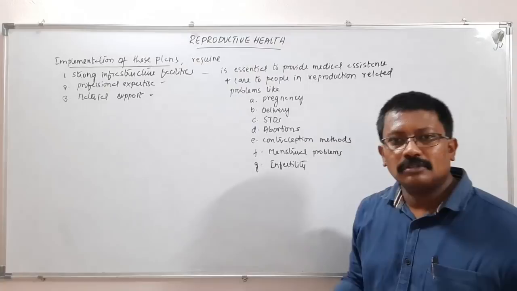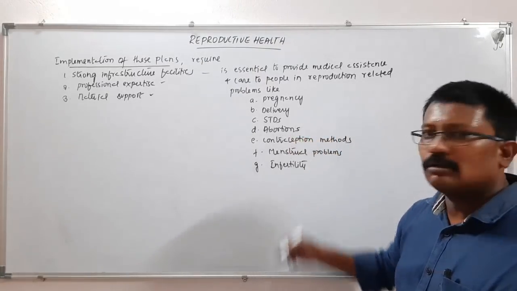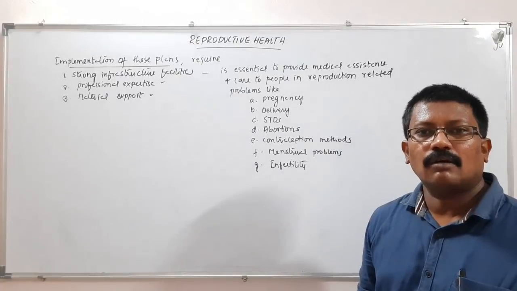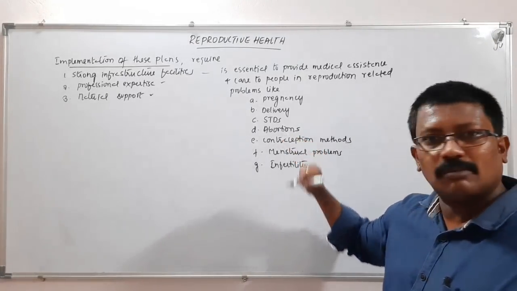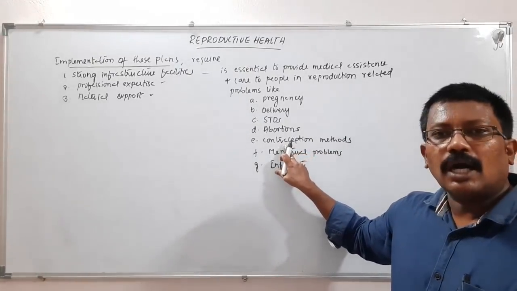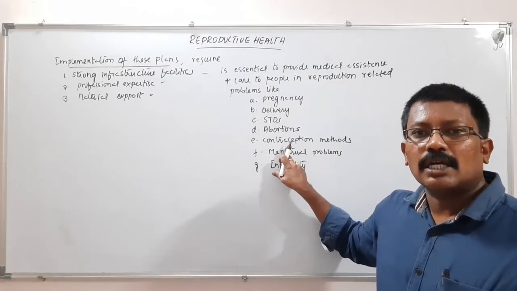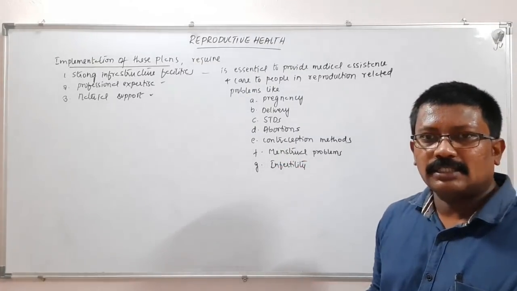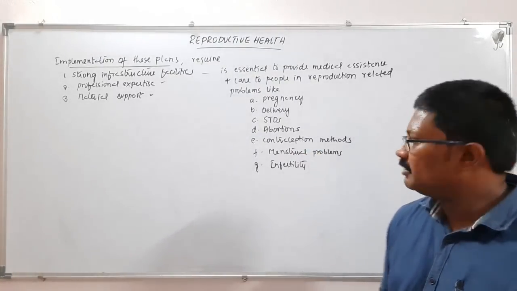In the coming sessions we will talk even about these abortions, how naturally they can take place or artificially. Then contraception methods are various methods that actually help in preventing conception, I mean pregnancy. So this also we'll talk in detail in the coming sessions.